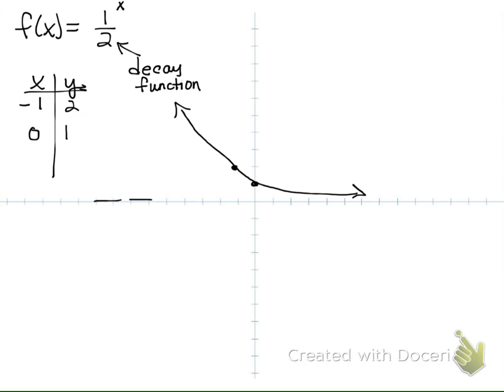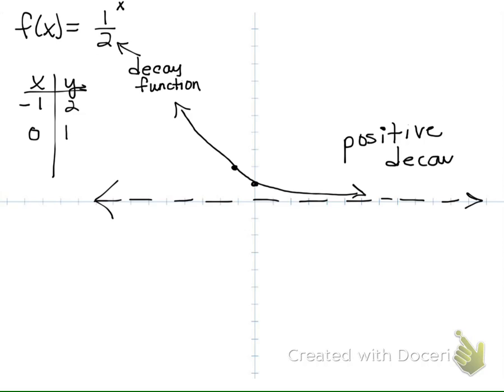I still have an asymptote, a boundary line. It's never, ever, ever going to cross. And this is a positive decay. It's positive decay because our A value, although we don't see it, we understand that our A value is a 1. Even if we don't write it up there, we understand that A value is 1.